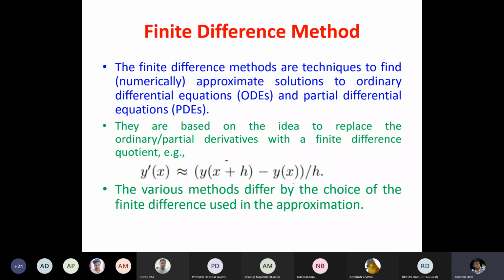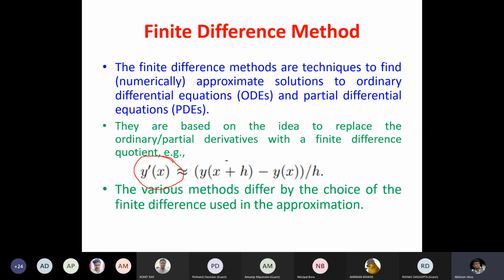Look, the basic objective is to convert the differential term to an algebraic term. That's why in this finite difference method we use a finite difference quotient. If you have a dy dx term, this can be approximated as y(x plus h) minus y(x) by h, or delta h, whatever, where h is a very small incremental value along the x direction, because in dy dx, x is the independent and y is the dependent variable.